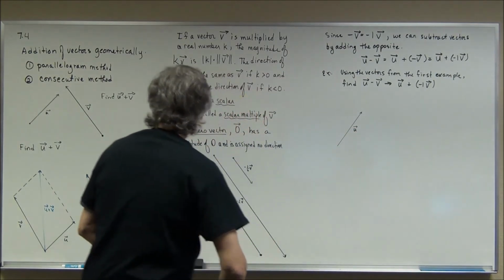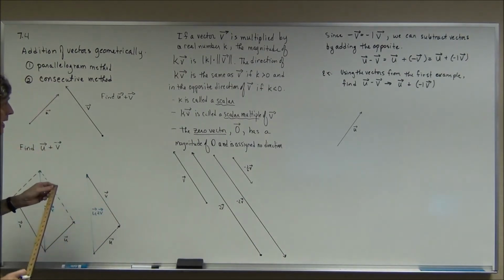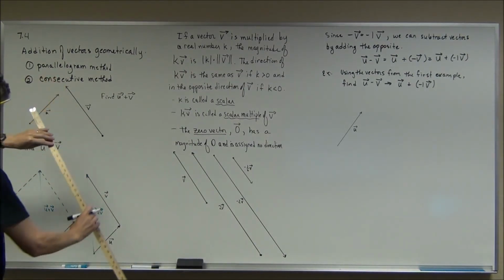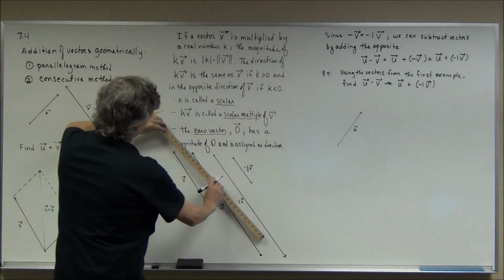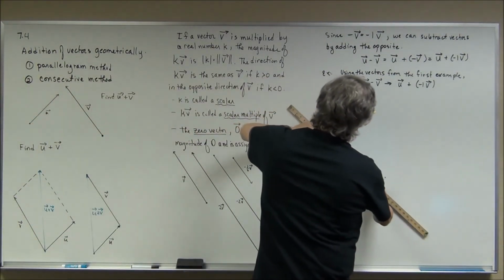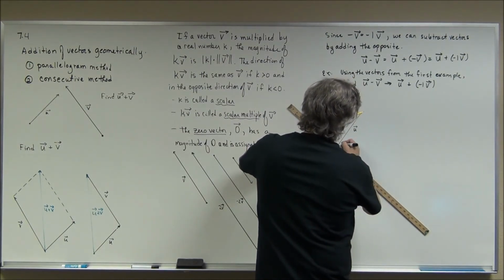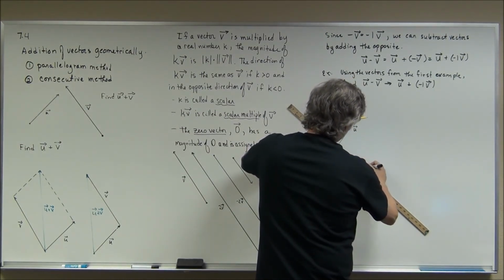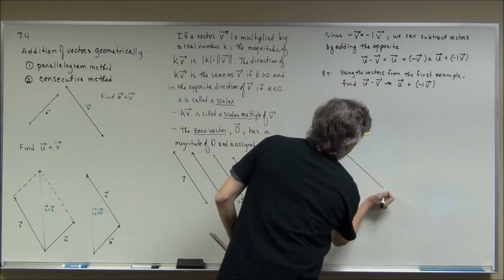Now, vector v, I believe, was 12. Yep. And it was kind of going up and to the right. Well, I still want that slant, but I'm going to go in the opposite direction. And I am using the parallelogram method.